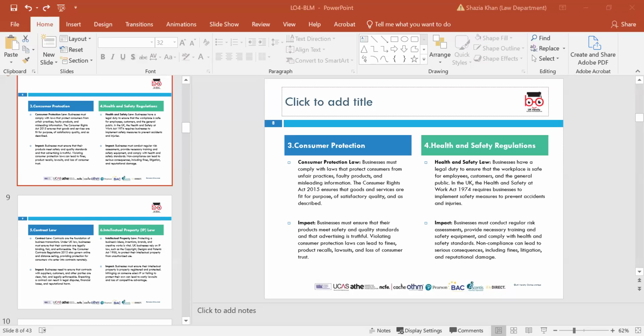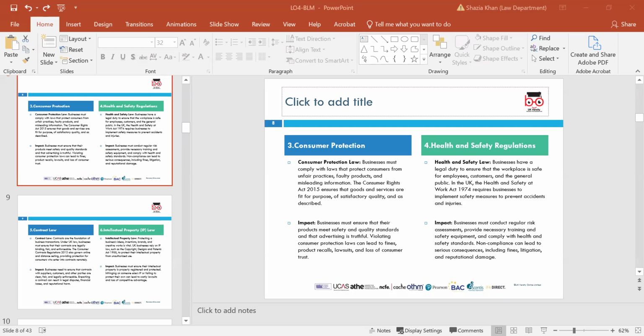And consumer protection actually imposes additional cost to businesses, since they have to comply with the law. If they do not comply with the law, they risk fines and having court orders against them because they're not complying with the legislation that is in place. Consumer law ensures that businesses act fairly and honestly towards their customers.